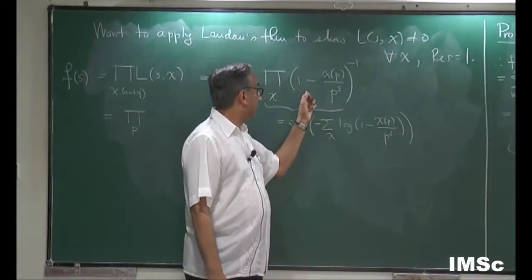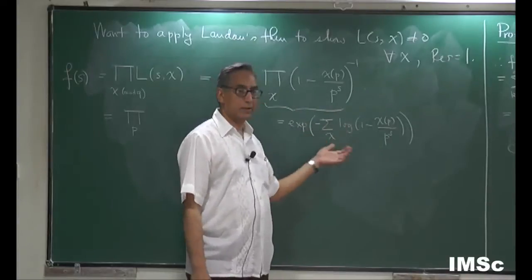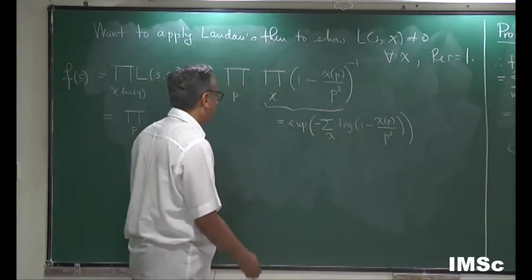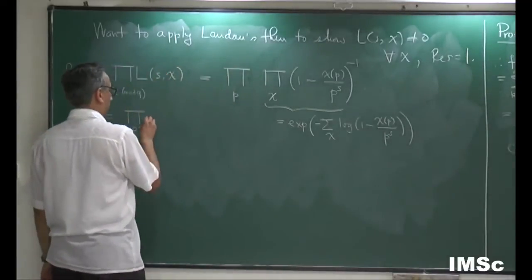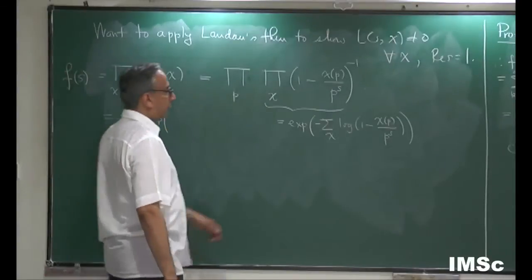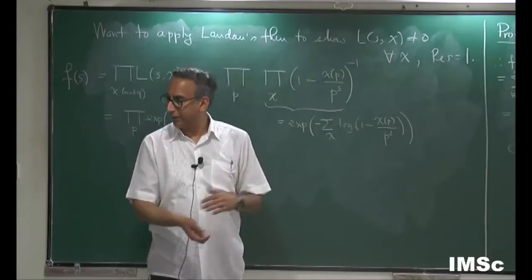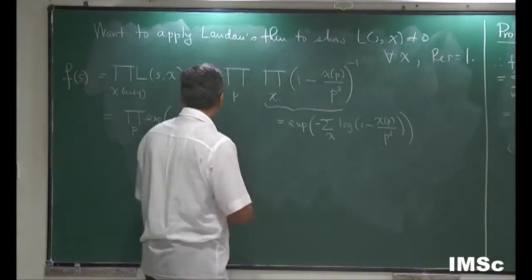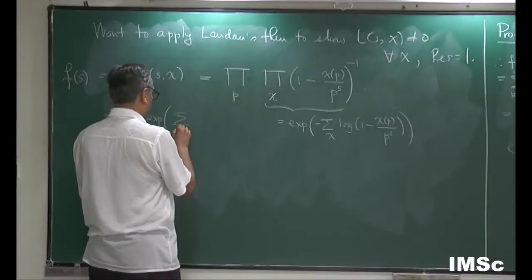I can write this product as this thing. Exponential of log is the inverse function, so you can do that. And now that allows me to write this as exponential. So remember, minus log of 1 minus x is summation x to the n over n, the usual expansion. So this is an expansion over all n.